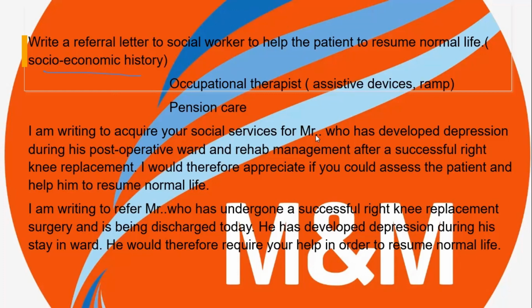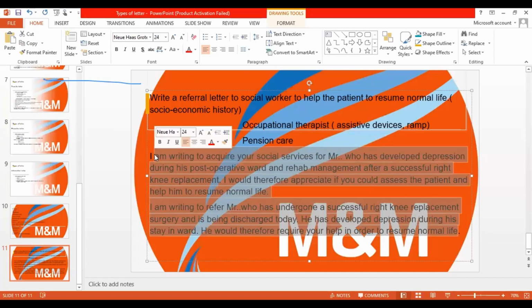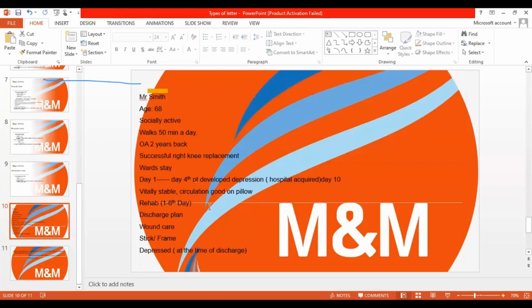if we are writing this letter to the occupational therapist, we have to see that there might be some information that we have to change in the discharge letter, as I mentioned over here. So in the discharge letter, we can have some additional information. I'm just writing with the strict frame.